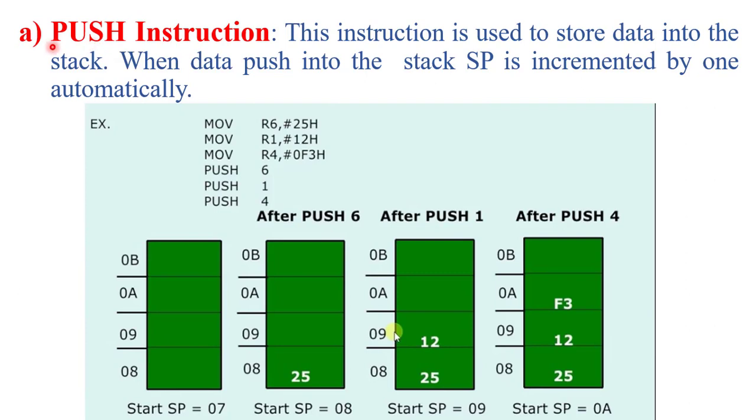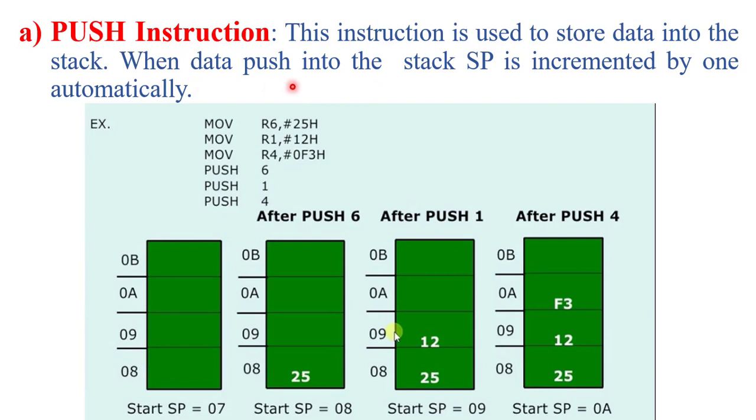Now first I explain the push instruction. By using the push instruction, we store data into the stack, or we can say that the content of any CPU register, like the accumulator register, DPTR register, or R0 to R7 registers of a particular register bank, is stored into the stack by using the push instruction.